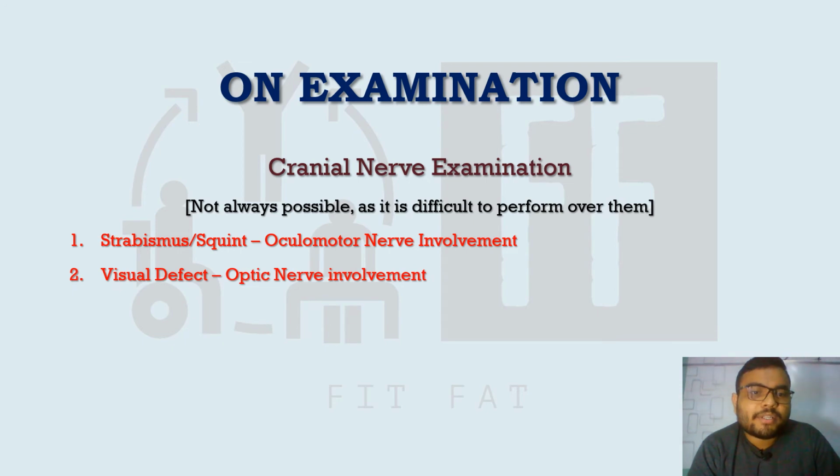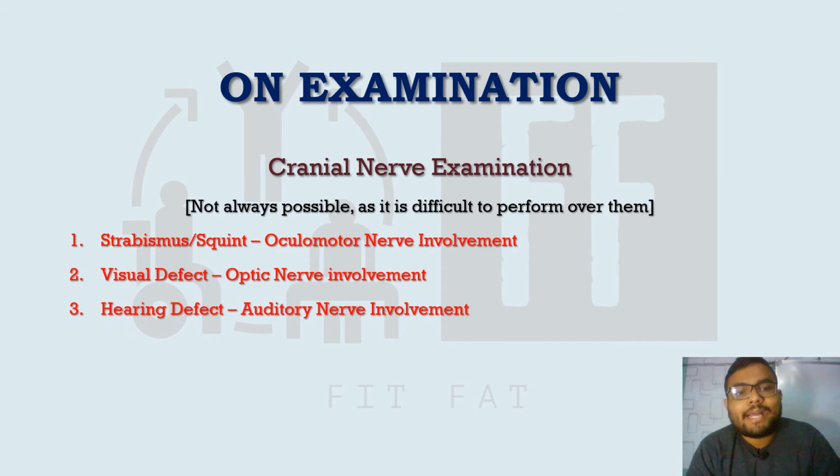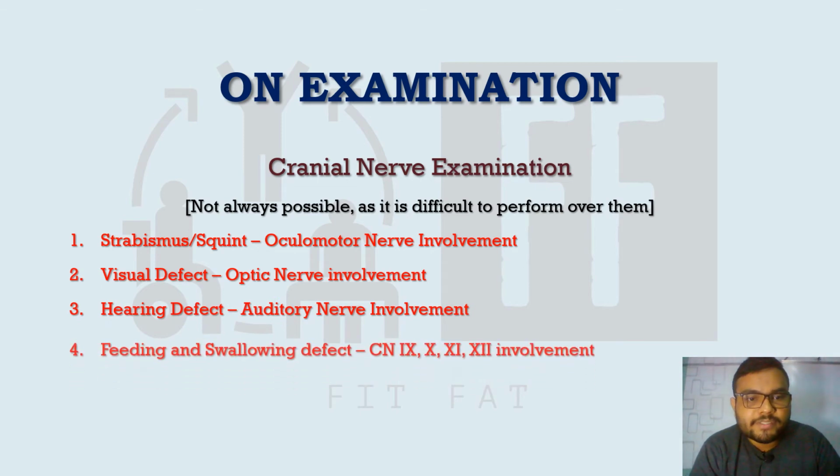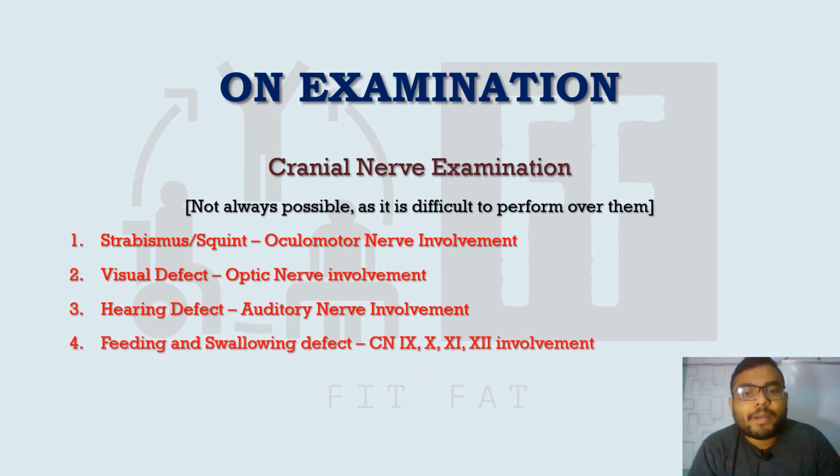You can find out the visual defect if the optic nerve is involved, hearing defect if the auditory nerve is involved, and if the bulbar nerves are involved, that is the 9th, 10th, 11th and 12th cranial nerves, you will get to see the feeding and swallowing defect, right?